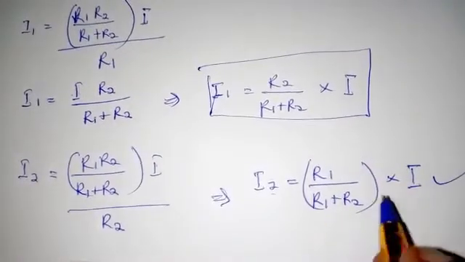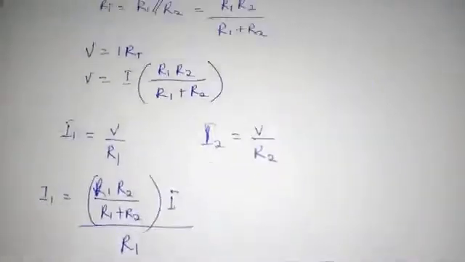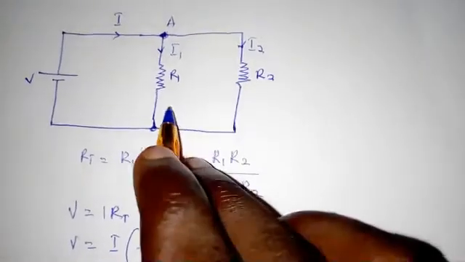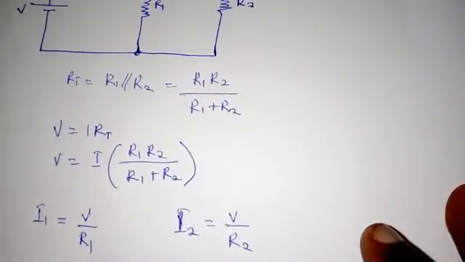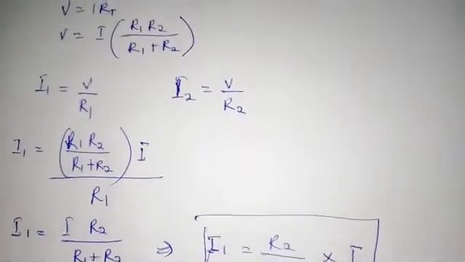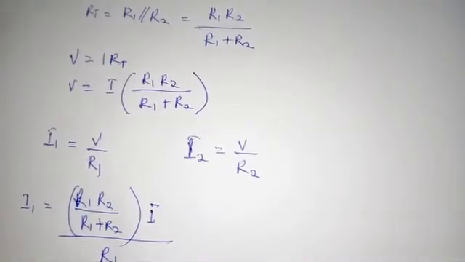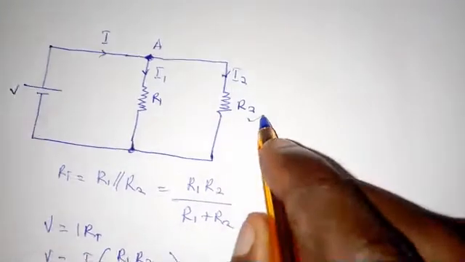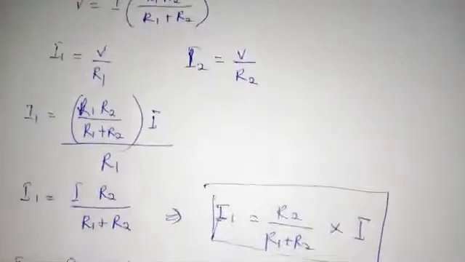From the two formulas you've obtained, we can clearly see that the current in a particular resistance, say R1, in this case we are finding I1, is obtained by multiplying the total current I by the other parallel resistance, in this case R2, and dividing by the sum of the two resistors.